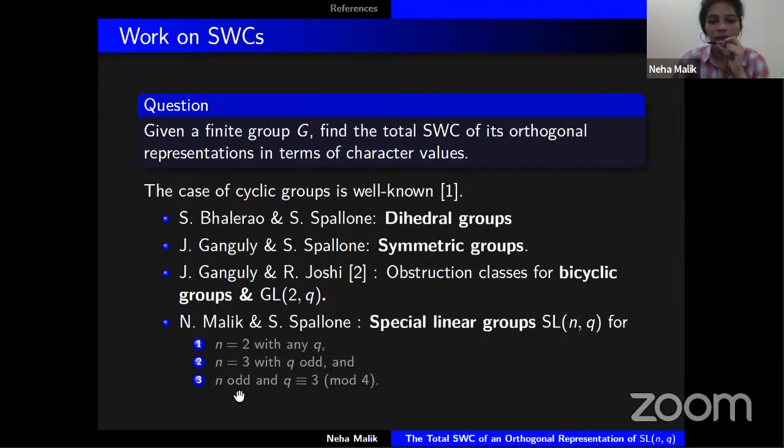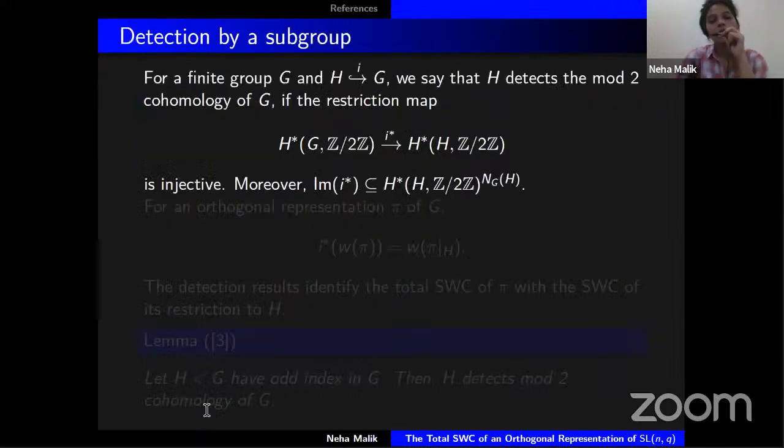Let me start by saying some things about the general setup. Firstly, one of the main tools that we have used in our methods is something called detection results. Let me first say what that means. For a finite group G and a subgroup H of G, corresponding to this inclusion, we have a restriction map at the level of cohomology rings.